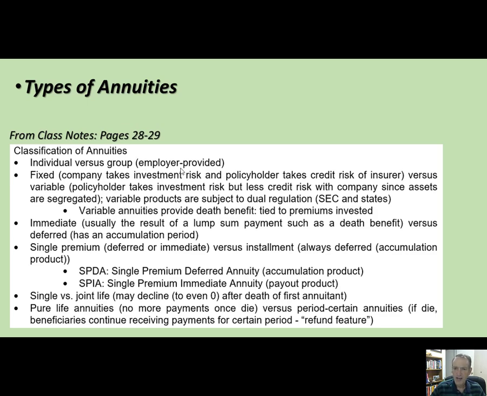Let's say you gave the company $100,000, and at the end of the year you die and you had your money in a variable annuity tied to the stock market that's down 35%. So your $100,000 is now only worth $65,000. But since you died, the insurance company will actually give your beneficiaries $100,000. So there is some insurance there.